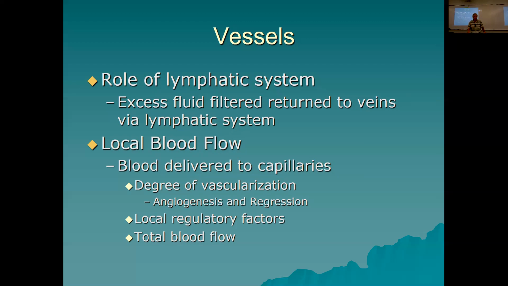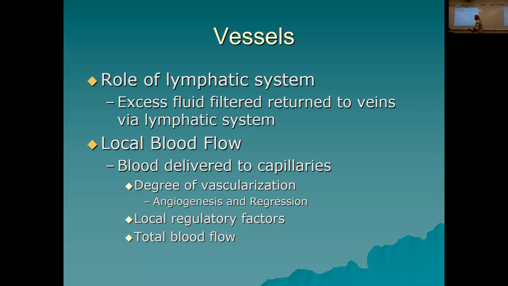You make more blood vessels, you make a better blood delivery system. If you don't use them, you have regression, and blood vessels will deteriorate and leave. You have fewer blood vessels. If you put on weight, making more and more adipose tissue, you have some angiogenesis there because you have more tissue. You've got to bring blood to the adipocytes.